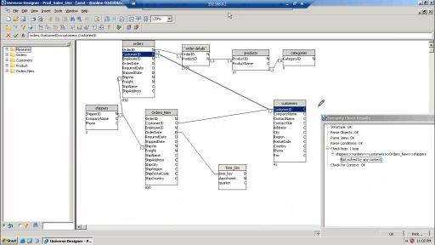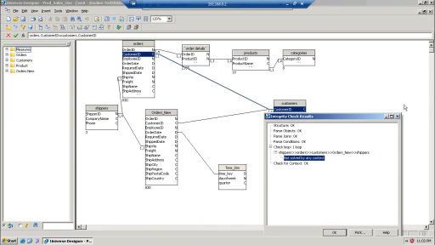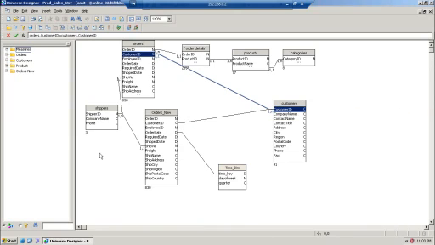So here all you need to do is, okay, let's go back. Here, let's say shippers is a common table between both.